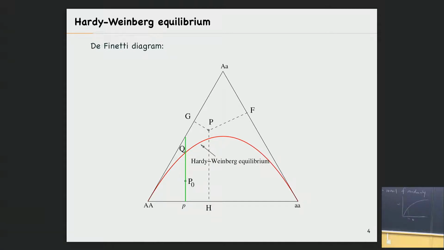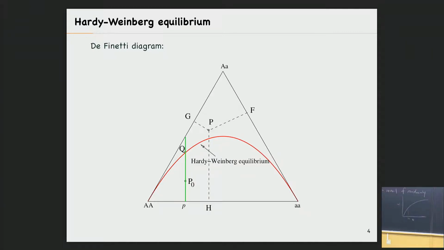And then you ask, what is the position of the center of mass of the triangle? So it will be some point which lies inside the triangle, and this point is determined by the frequencies. Of course, it goes closer, for instance, to AA if the frequency of big AA goes towards 1. And if we have, for instance, half homozygous for big A, half homozygous for small a, the center of mass will be somewhere here, and so on.